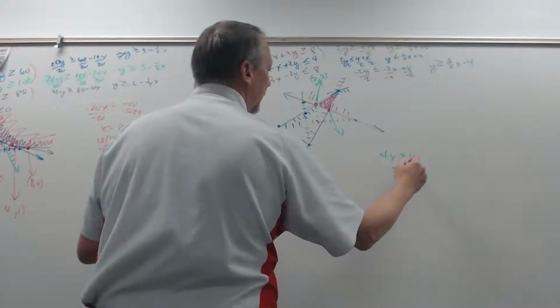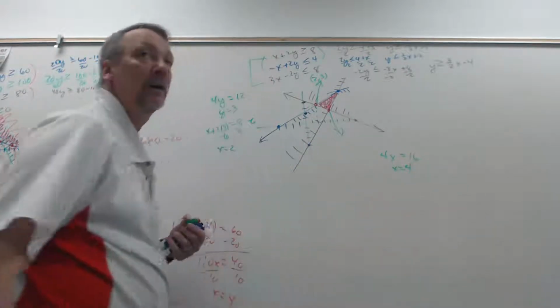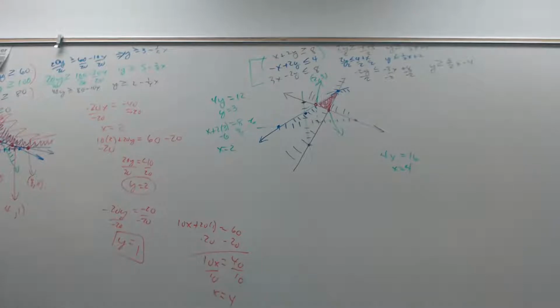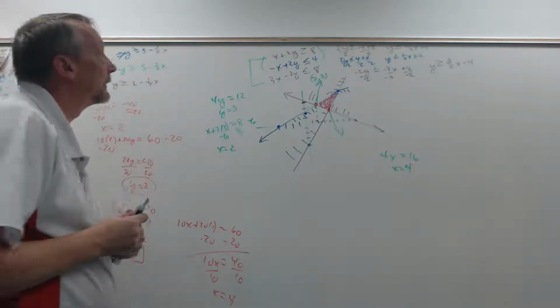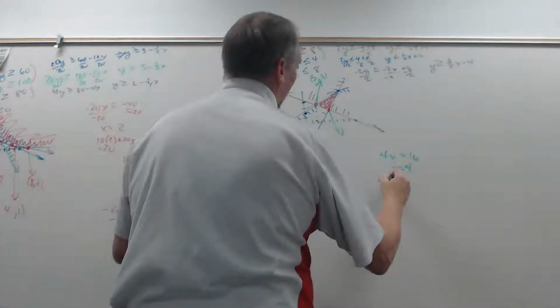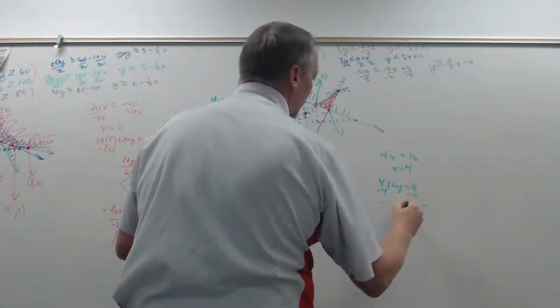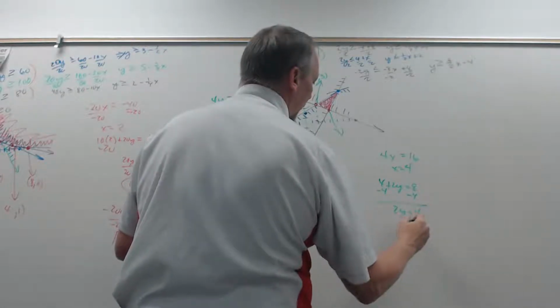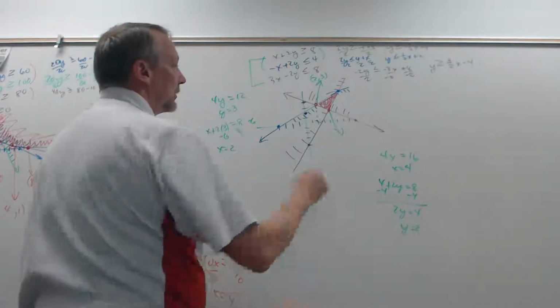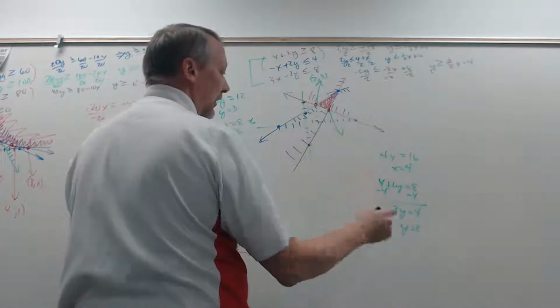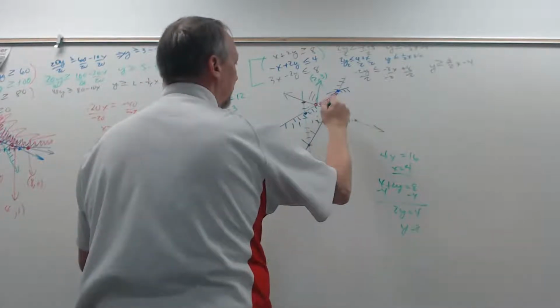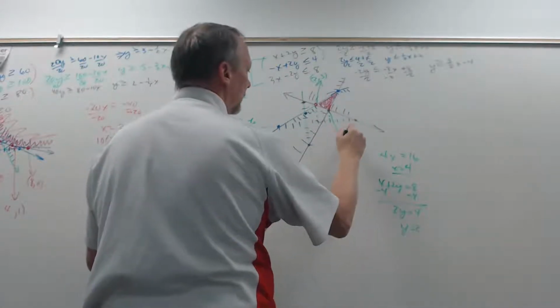X equals 4. Then you plug the 4 in, so 4 plus 2y equals 8. Subtract 4. 2y equals 4. Y equals 2. X equals 4. That was pretty close. So this is 4, 2.